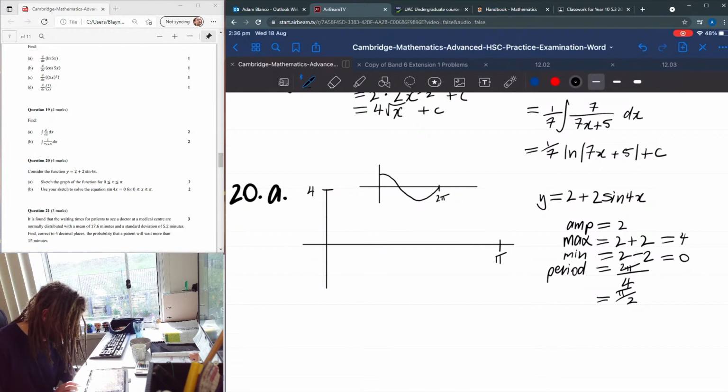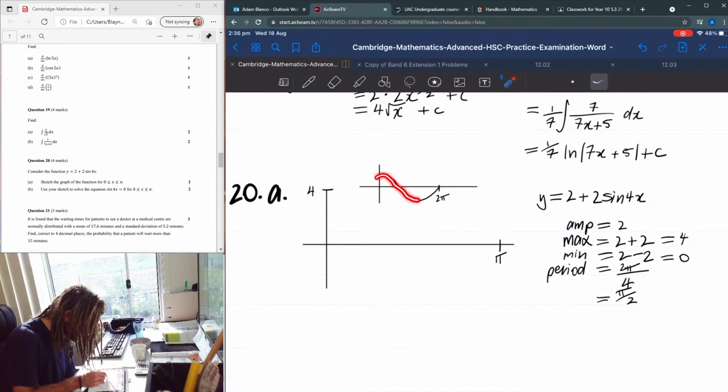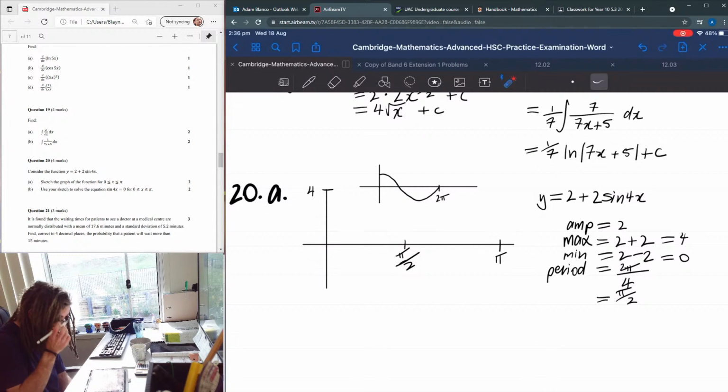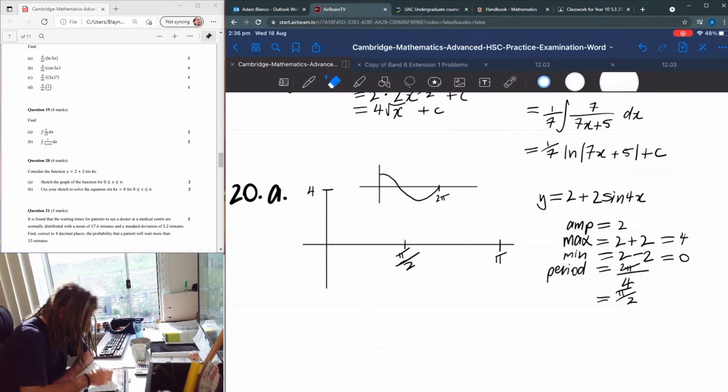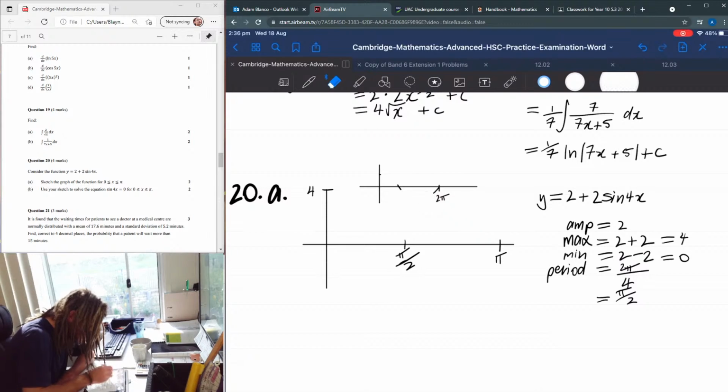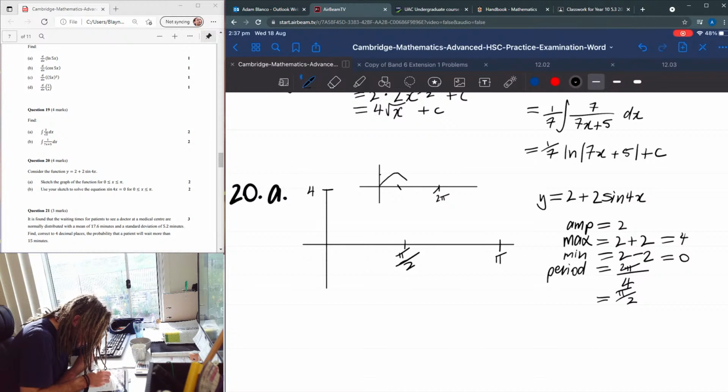So the period isn't 2 pi, in other words, it does this over pi on 2. If I draw a pi on 2 here, it goes through this whole motion in here. If I've drawn the picture wrong, that's because sine looks like this. Sorry, that's sine. Okay, so it's going to do that.